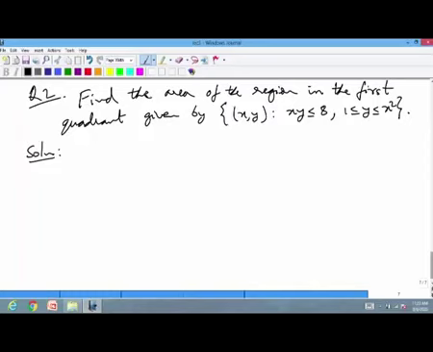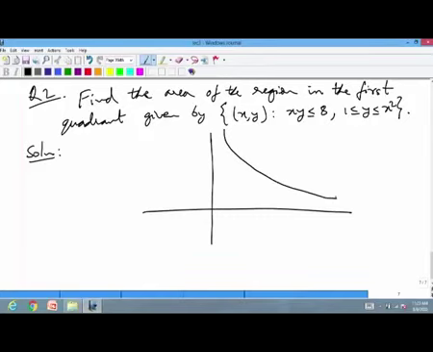So, we have x y equal to 8 is the rectangular hyperbola, and y equal to x square is the parabola like this.